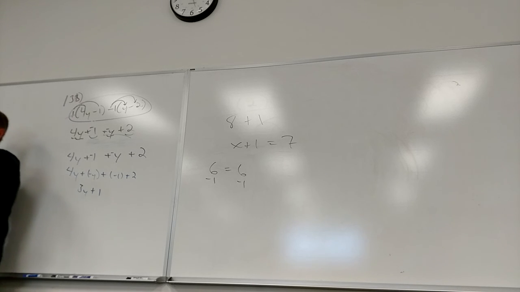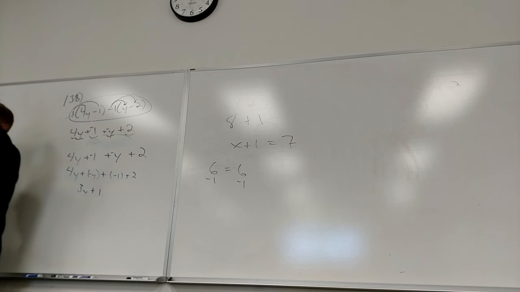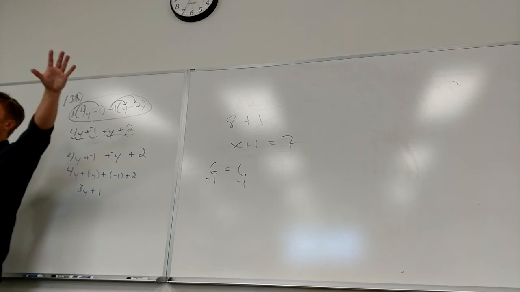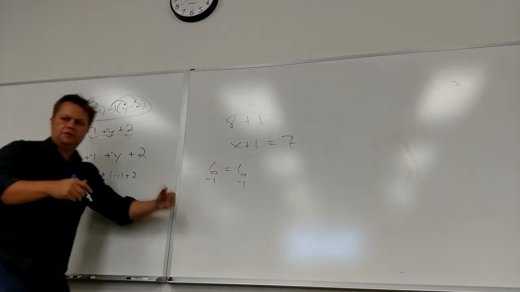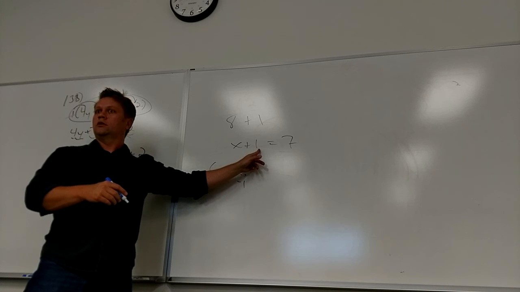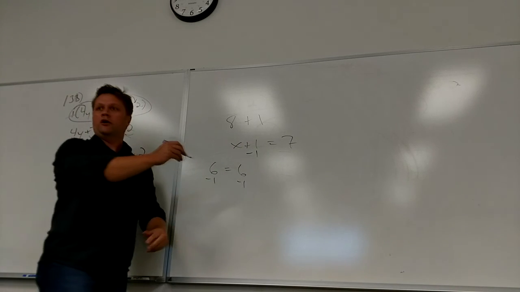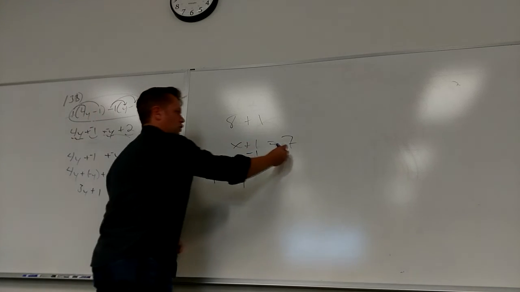If you need to move something from one side to the other, that's a little bit freaky. You've got to do it in a certain way. You've got to make it disappear on one side and show up on the other side. What do I mean by that? Remind me, what would you do here? Yeah, you're making the one disappear there, aren't you? Why did you subtract 1? So it would disappear, so it shows up on the other side.